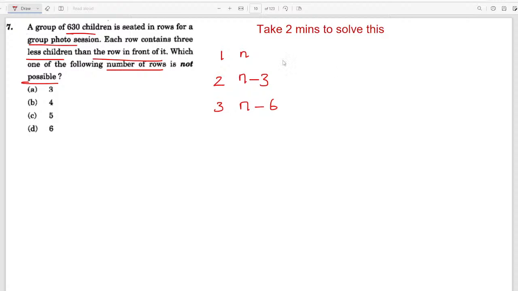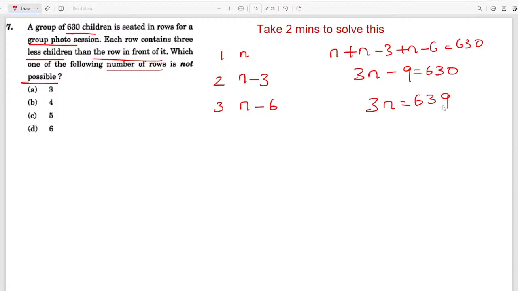So these are the number of students in each row. When you add these students, you would have to get 630. So n plus n minus 3 plus n minus 6 is equal to 630. 3n minus 9 is equal to 630, so 3n is equal to 639. n is equal to 639 by 3.